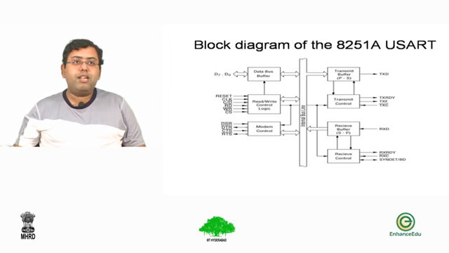If you see the block diagram of the 8251A, it consists of the transmit buffer, which basically receives the data from the data bus, and then uses a serial shifting to shift the data to the serial lines for transmission. Similarly, the receiver buffer receives the serial data and then provides the parallel data to the data bus.